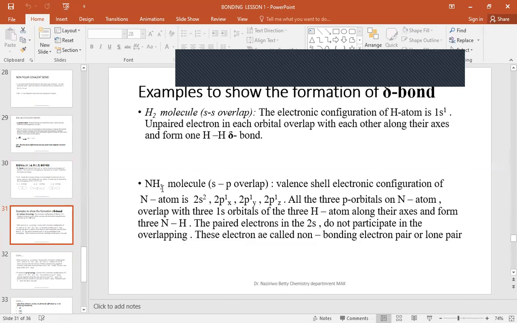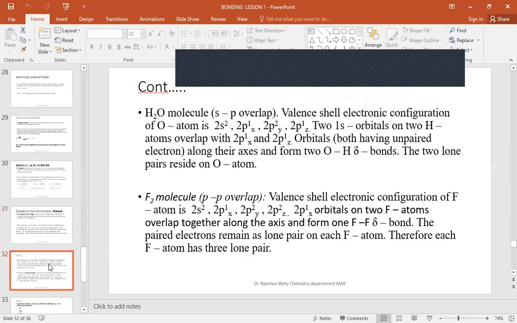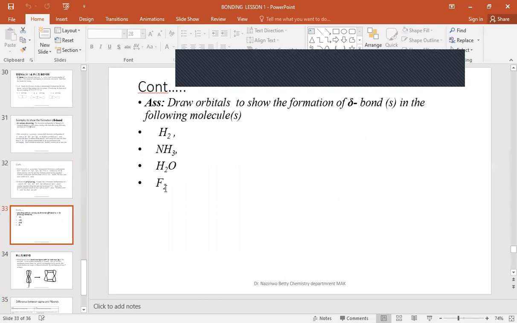Similarly, ammonia, water, and fluorine also result in the formation of sigma bonds. You can pause and read more. As an assignment, draw orbitals to show the formation of sigma bond or bonds in the following molecules: hydrogen, ammonia, water, and fluorine.